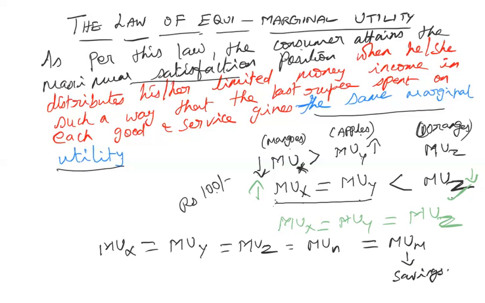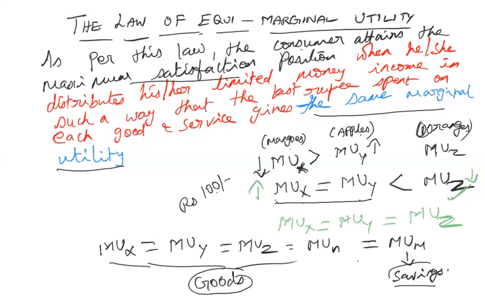Okay. So what the consumer is doing, the entire money income he is receiving, part of the money income he is keeping in the form of savings, and part he is converting in the form of goods. So how much utility he is going to get by keeping a part of the money income in the form of saving, the same utility he should get by converting the part of the money income in the form of goods.